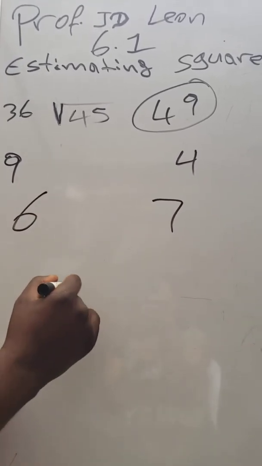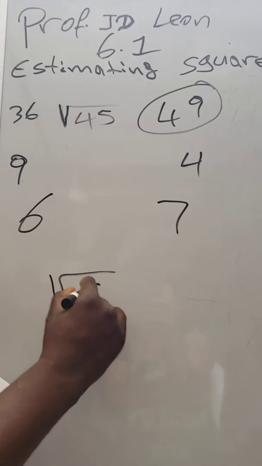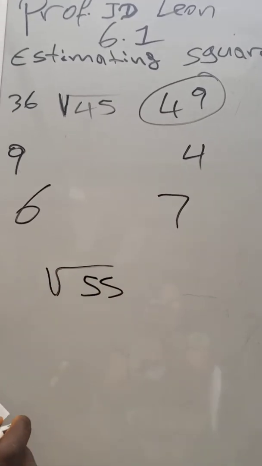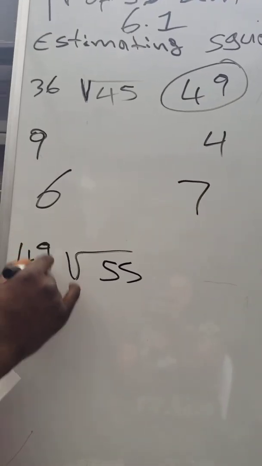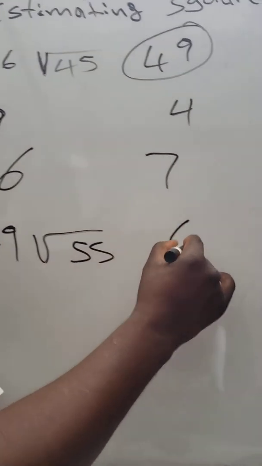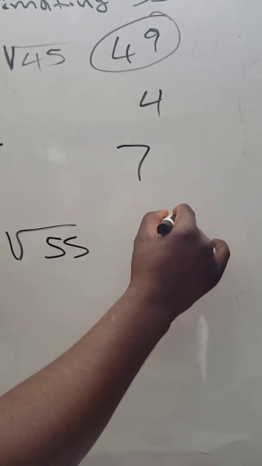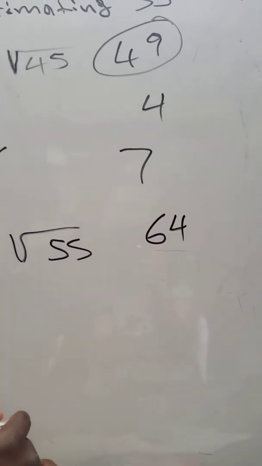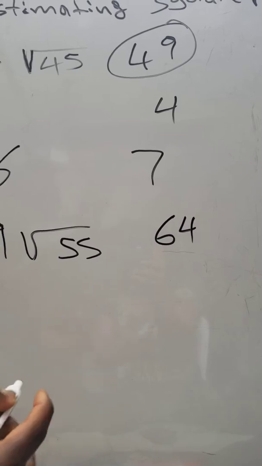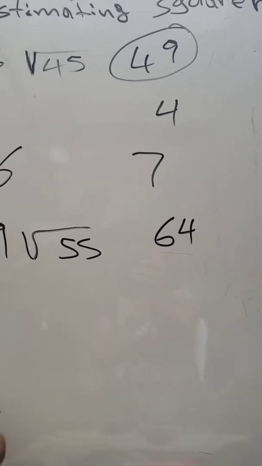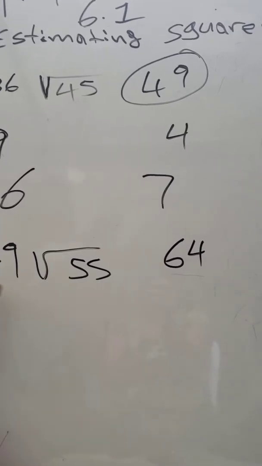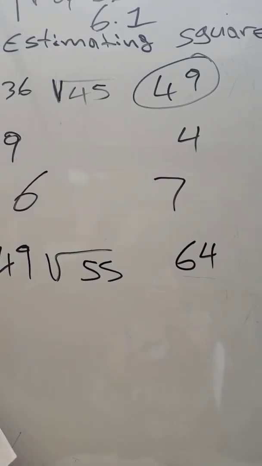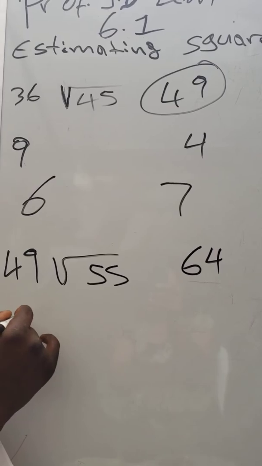You could also estimate the square root of 55. You could use 49 as one of the perfect squares, and 64 as the other, which are 7 times 7 and 8 times 8. With those two perfect squares, you can subtract 49 from 55, which should give you 6.